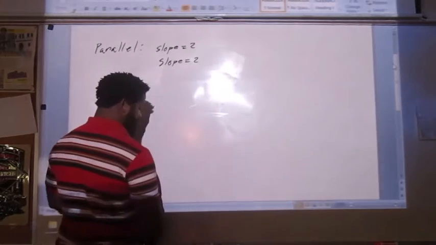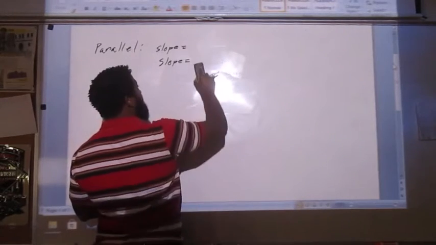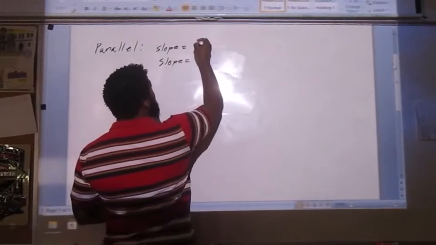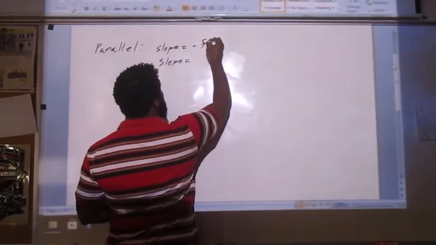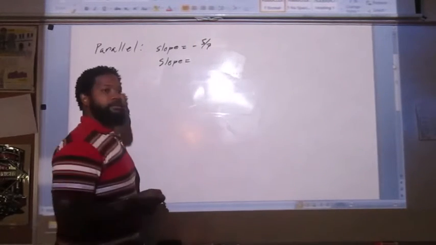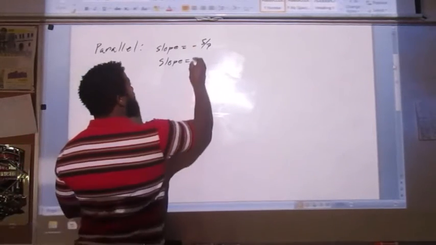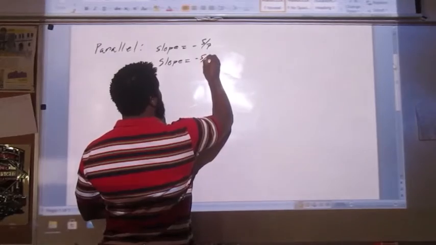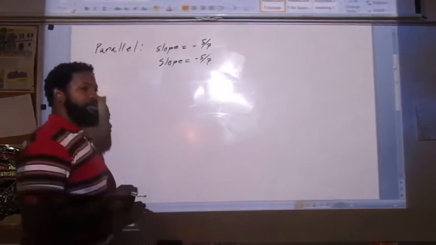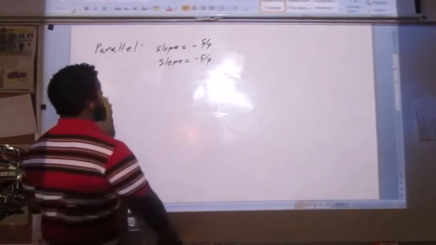If for another parallel line our slope is negative 5 over 7, it'll be a negative 5 over 7. Understood?